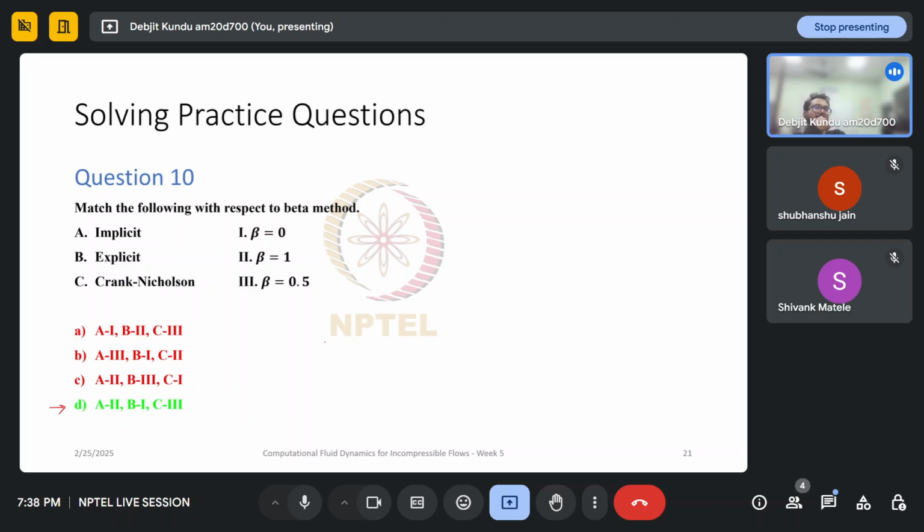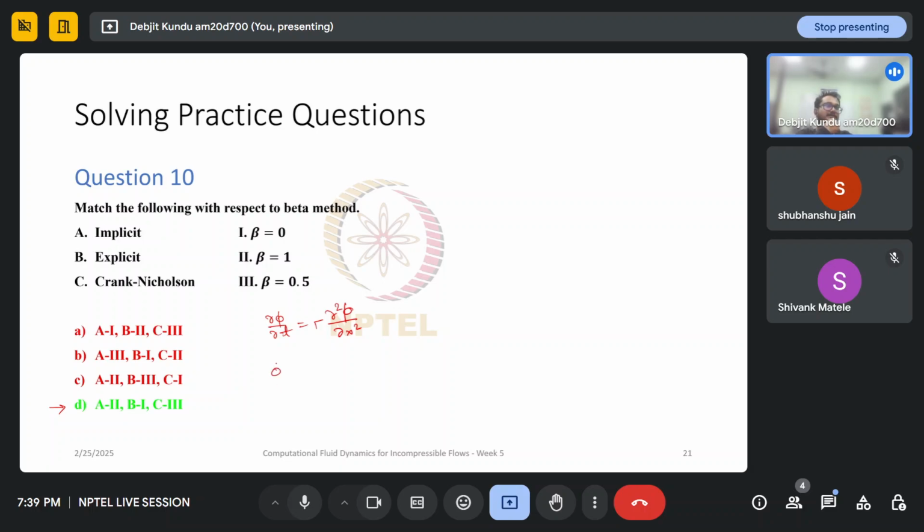Basically, what the Crank-Nicolson method does is, let's say I have a standard parabolic equation like this. I'll break this down into one backward time central space and one forward time central space, and then take a weighted sum of them with respect to beta.